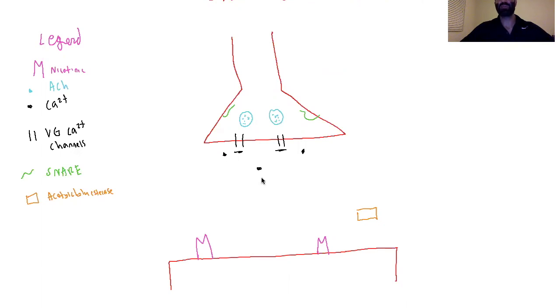And then what happens when the neurotransmitter binds with receptors? Well, we're just going to use this as a template because we need some understanding of how neurotransmission occurs. Just to tell you, this here is called the postsynaptic tissue, which is muscle. And this here is called the presynaptic neuron.